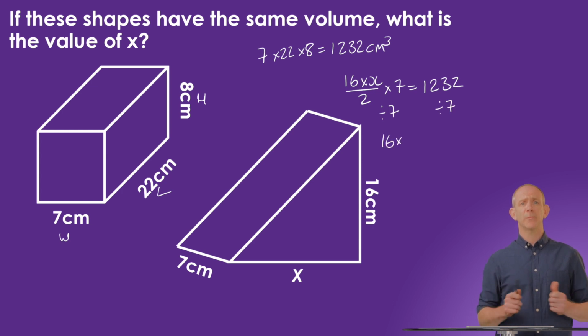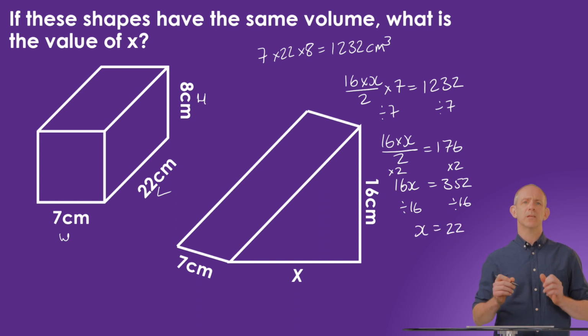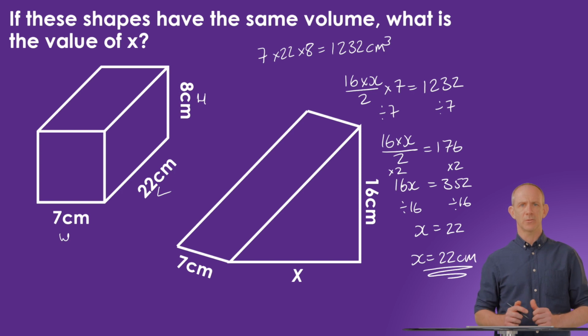First, we're going to divide both sides by 7. So we get 16x divided by 2 equals 176. Then times both sides by 2 to get 16x equals 352. Then divide by 16 to get x equals 22. As this is a single length and therefore one-dimensional, we can state that x equals 22 centimeters.